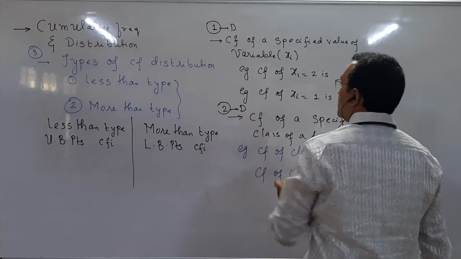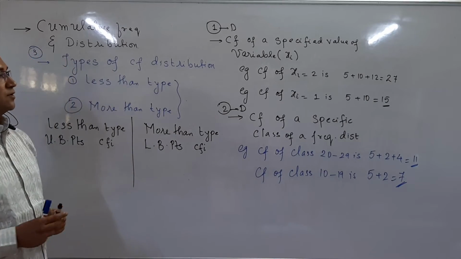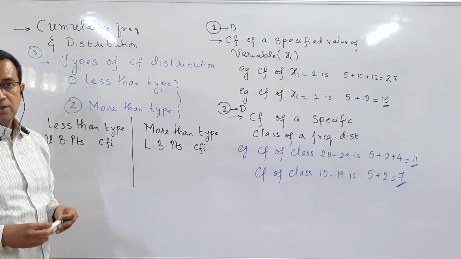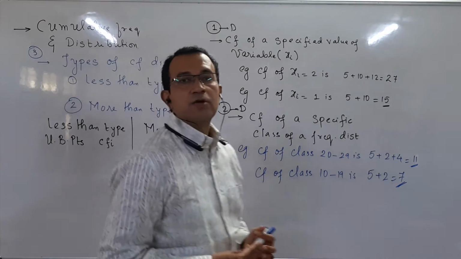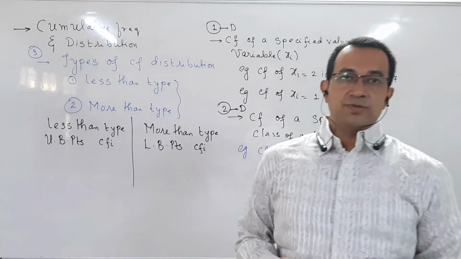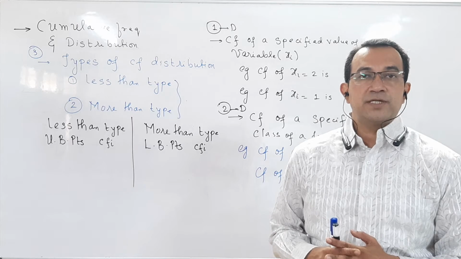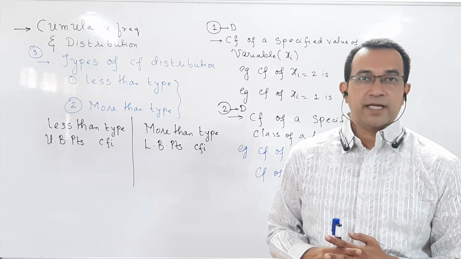Second definition was cumulative frequency of a specific class of a frequency distribution. Now my third concept, types of cumulative frequency distribution. There are two types of cumulative frequency distribution. One is less than type and other is more than type.